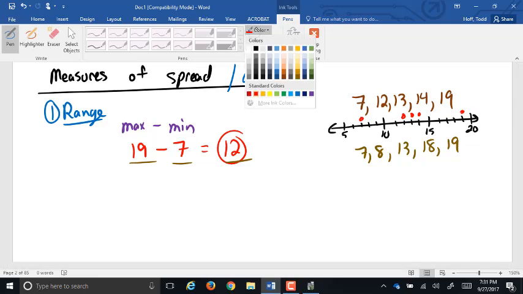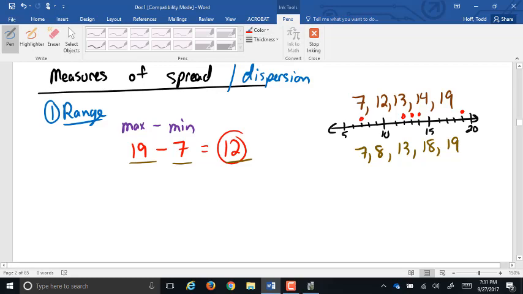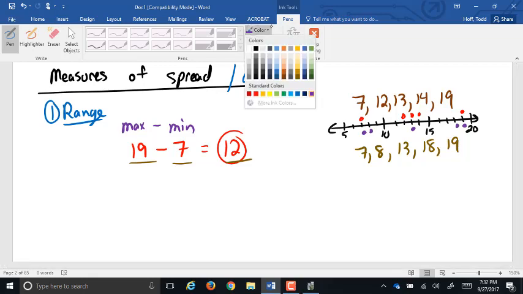The bottom one has a 7, 8, 13, 18, and 19. Well, the bottom one, the purple one, is obviously more spread out. But the range does not distinguish between them. It is not very precise.